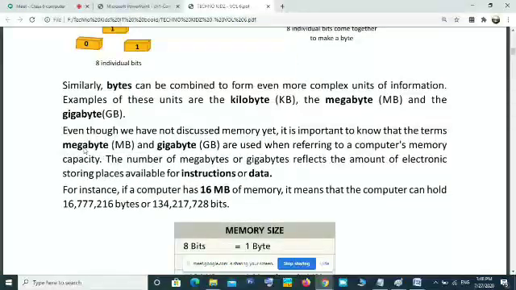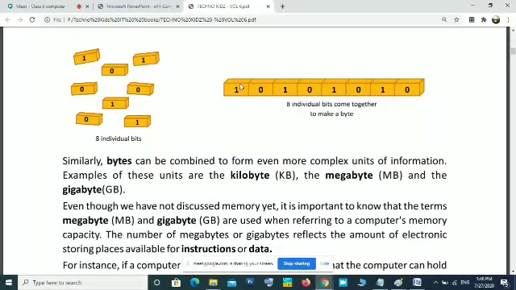Even though we have not discussed memory yet, it is important to know that the terms megabyte and gigabyte are used when referring to a computer's memory. The number of megabytes or gigabytes reflects the amount of electronic storing places available for instructions or data. Now you know memory is a storage location.